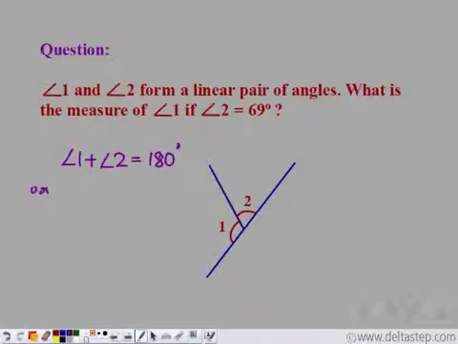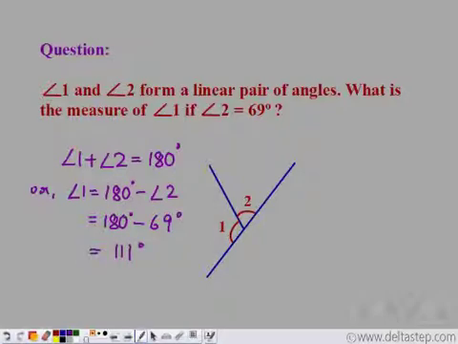Or angle 1 is equal to 180 degrees minus angle 2, which is equal to 180 degrees minus 69 degrees, which is equal to 111 degrees. So angle 1 is equal to 111 degrees. So using the relation of linear pair, we can find the measure of one angle if the measure of the other angle is given to us.